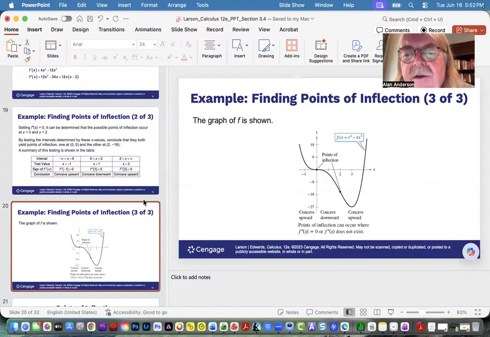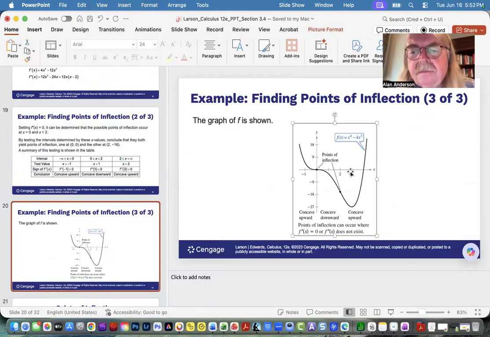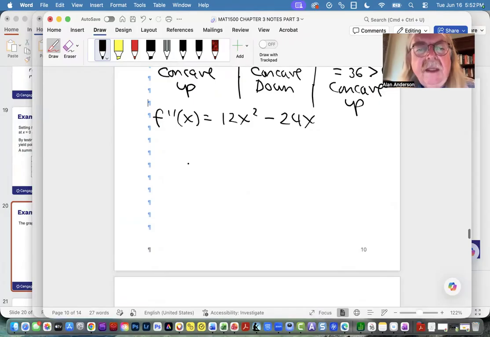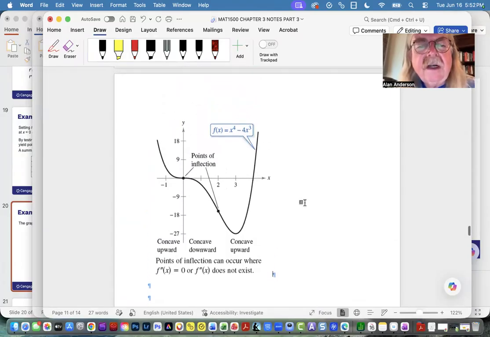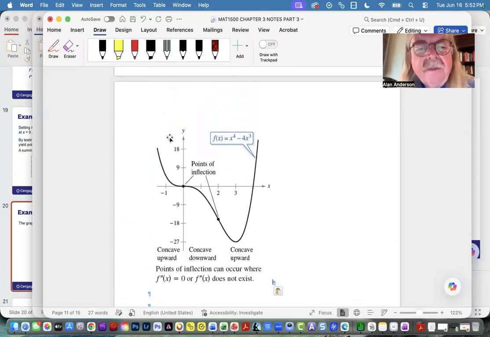So hopefully, yeah, here it is. Okay, that's good. It's awfully hard sometimes to draw these graphs. It's always better when they give us one. All right. So you can see, I guess visually, that clearly the function is up, down, and up.